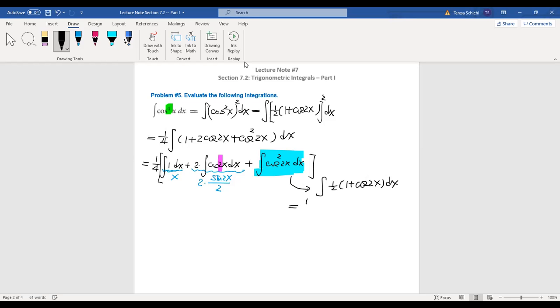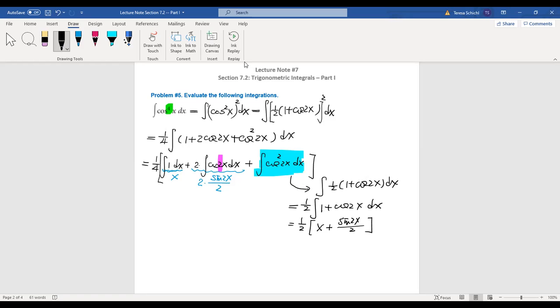So this one will be 1/2, and then here, this is 1 plus cosine 2x dx, right? Okay, so this one will be 1/2, then this is x, right? Then cosine 2x is what again? 2 to the what? Sine 2x.